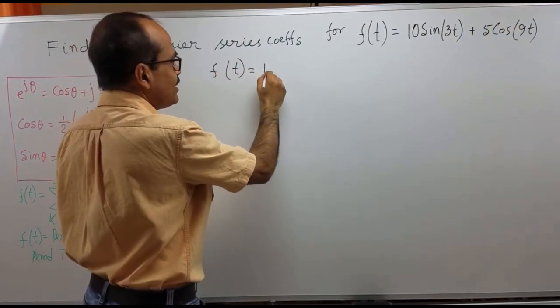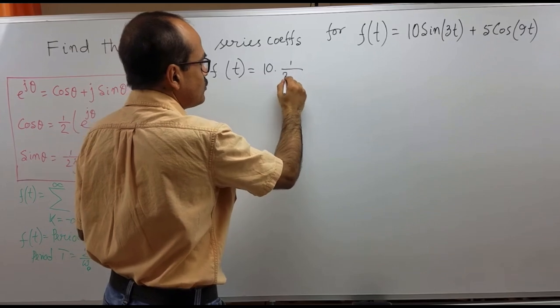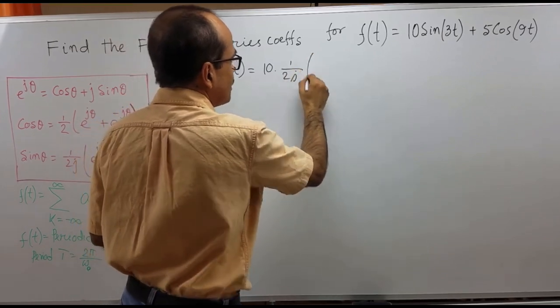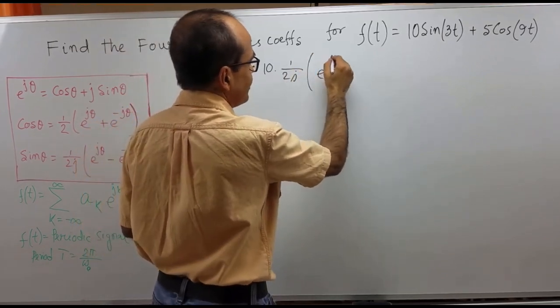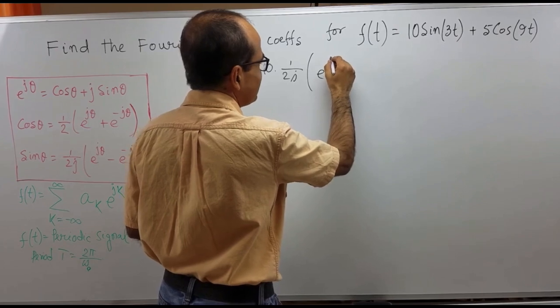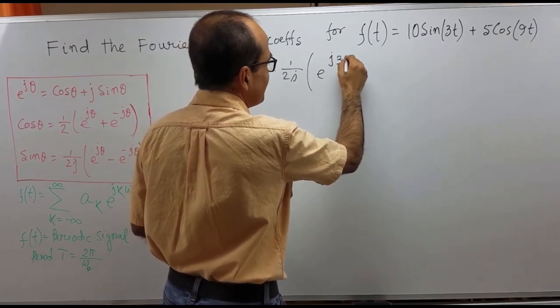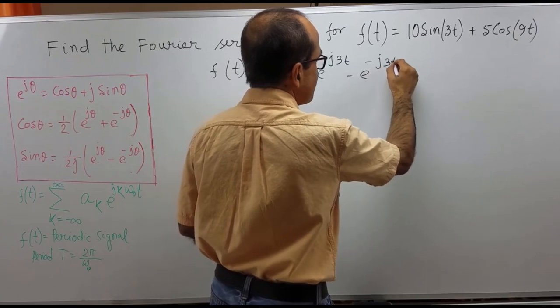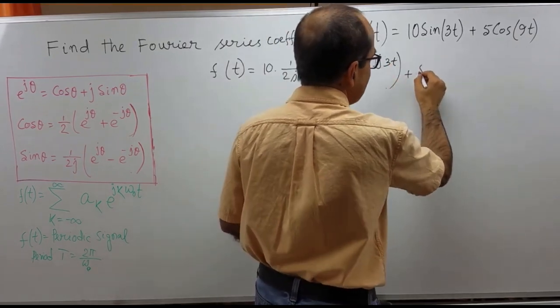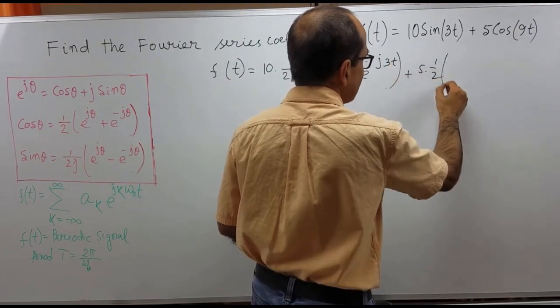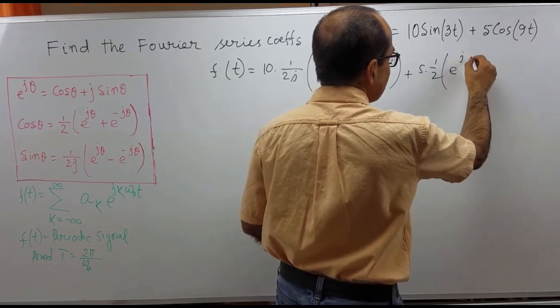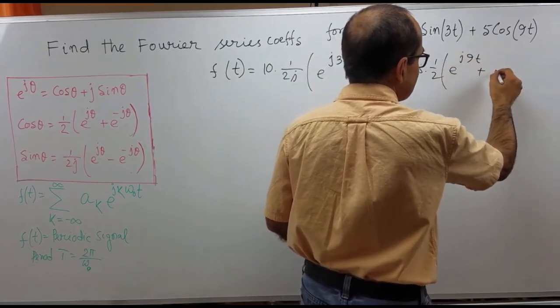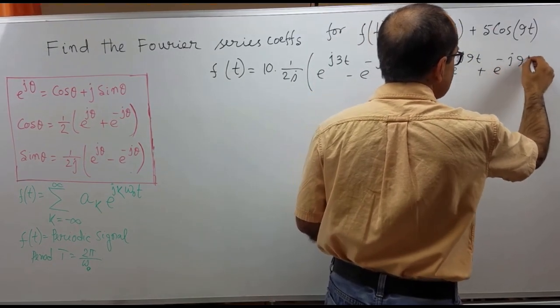is equal to 10 times 1 over 2j (e to the power j3t minus e to the power minus j3t) plus 5 times 1 over 2 (e to the power j9t plus e to the power minus j9t).